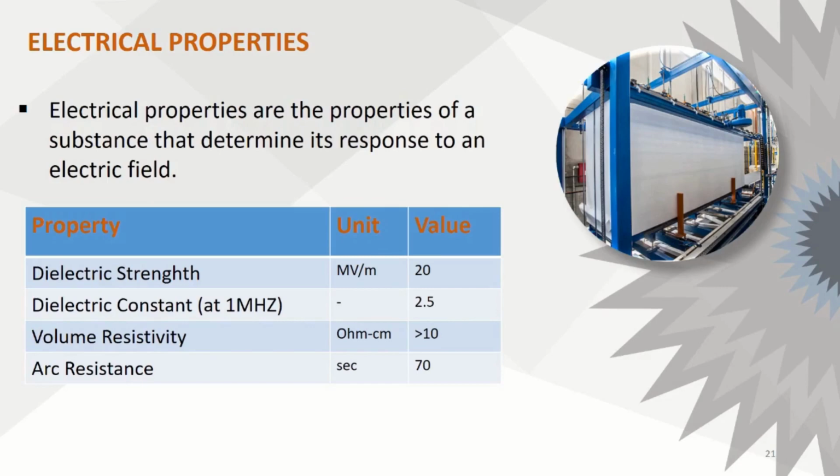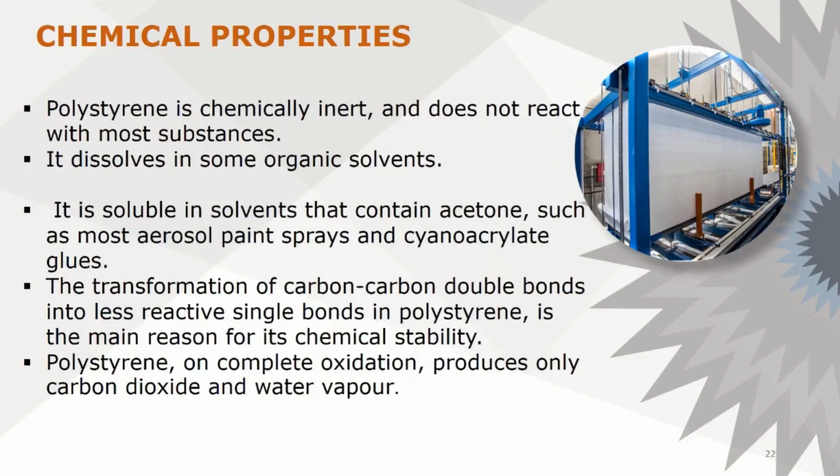Okay, now I am going to talk about chemical properties. Polystyrene is chemically inert and does not react with most substances. It dissolves in some organic solvents. It is soluble in solvents that contain acetone such as most aerosol paint sprays and cyanoacrylate glues.